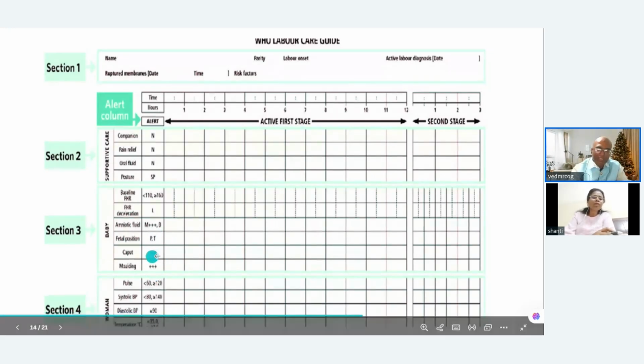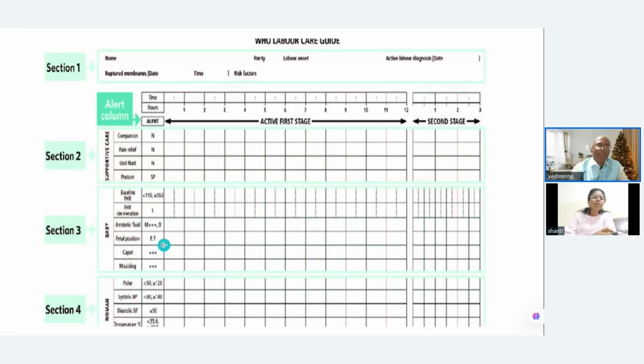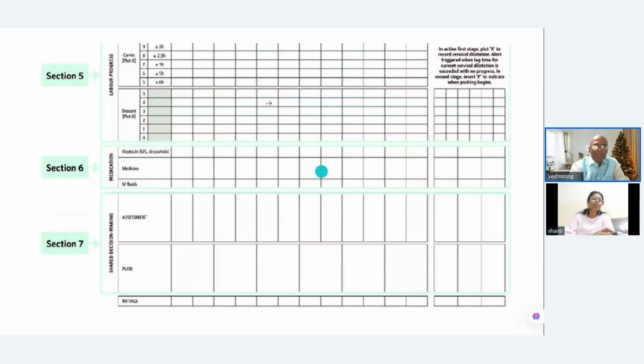and this fetal position. Then amniotic fluid, if it is meconium stain or blood stain, that we are going to encircle. So these are the points you should say. Then rest of the sections you have described. Even this difference, previously 1 centimeter per hour, and now there is no fixed rate.